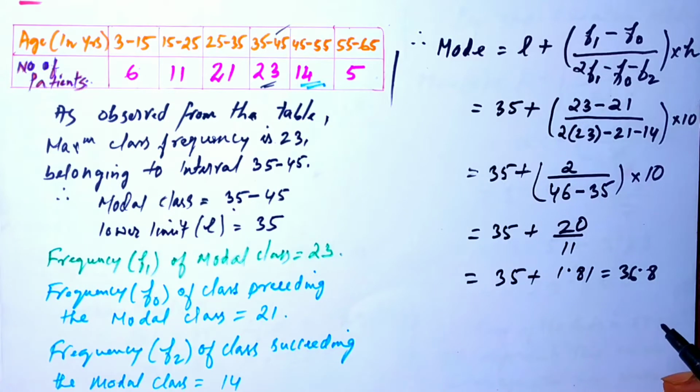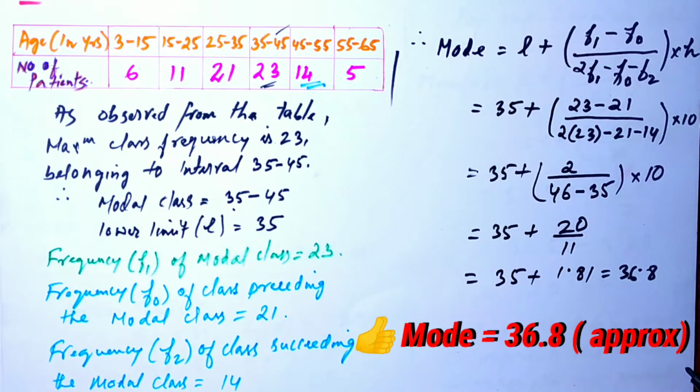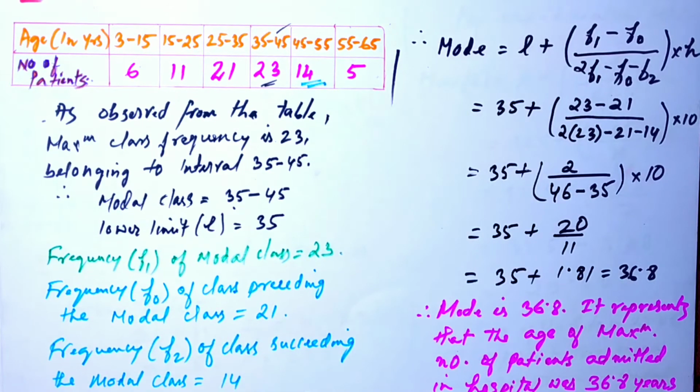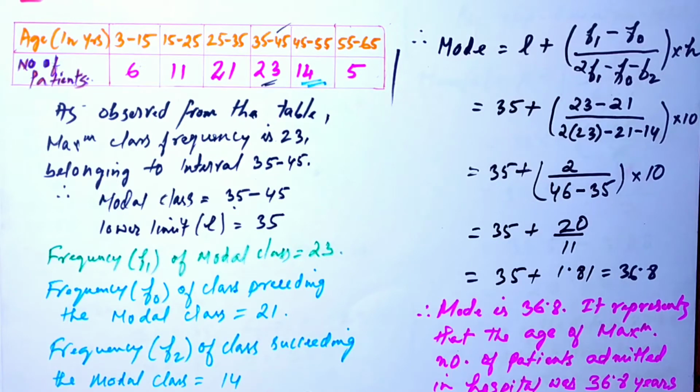So therefore mode is 36.8. It represents that the age of the maximum number of patients admitted in hospital was 36.8 years approximately.